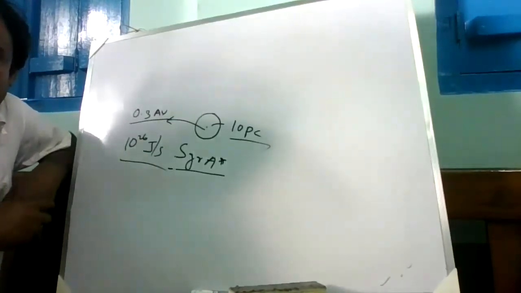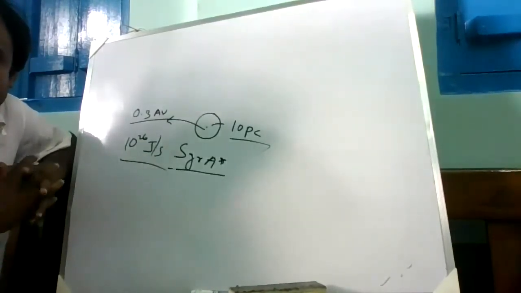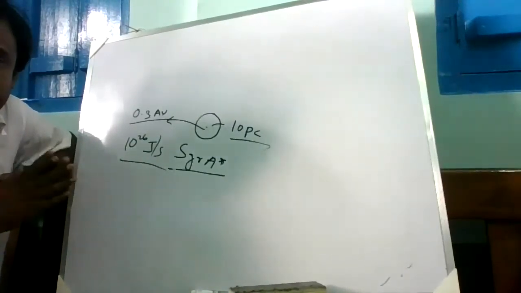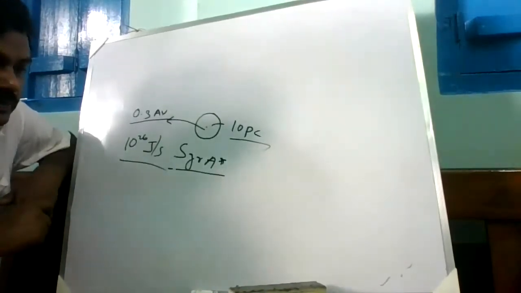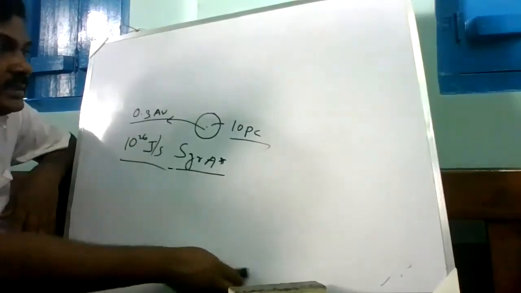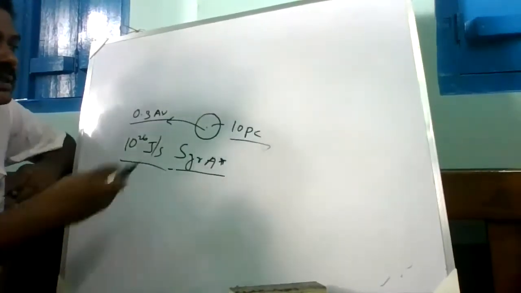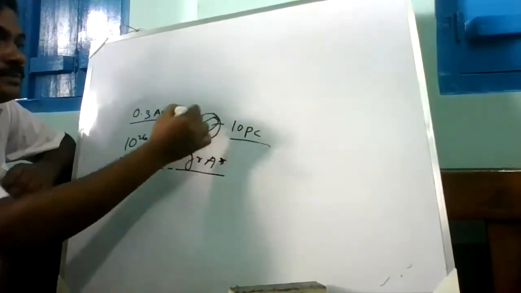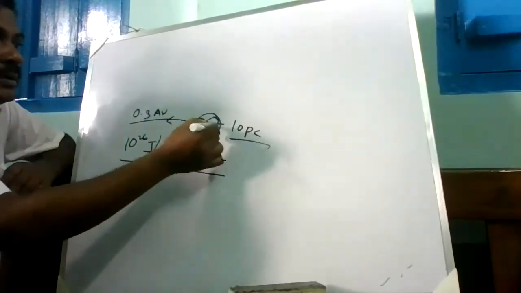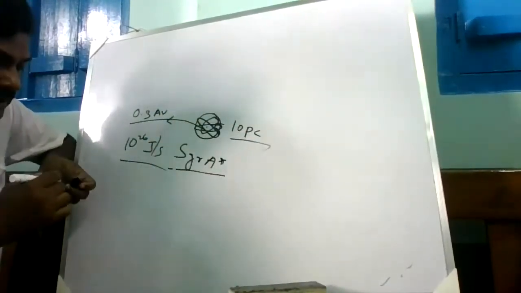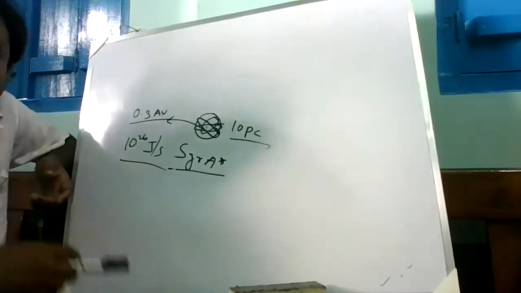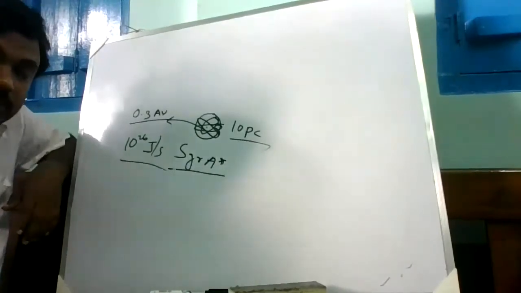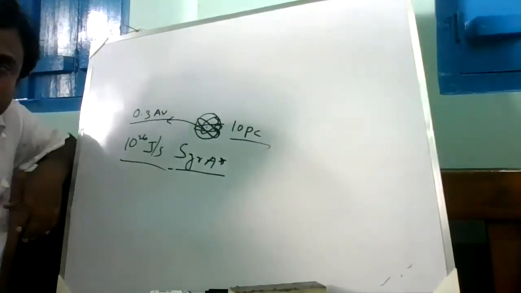The astronomers discovered that the stars are moving in elliptical orbits with Sagittarius A star as a common focus, in all directions. So the case is similar to the planets revolving around the sun.